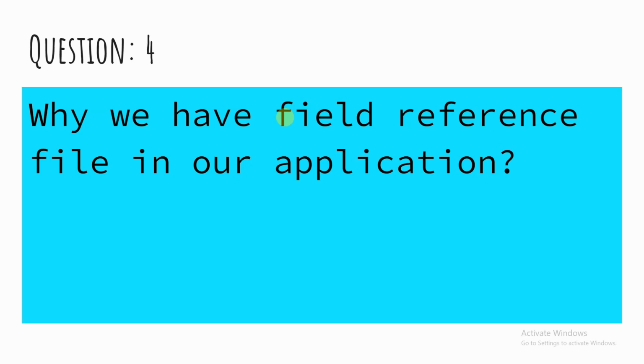He doesn't need to take care of those things, because they are already defined. Otherwise, he may make a mistake in using that field's data type or length. He may define something else, and that would cause issues to the system. We don't want that. So in a very big system we want a field reference file, and we always define the definitions of fields in it.